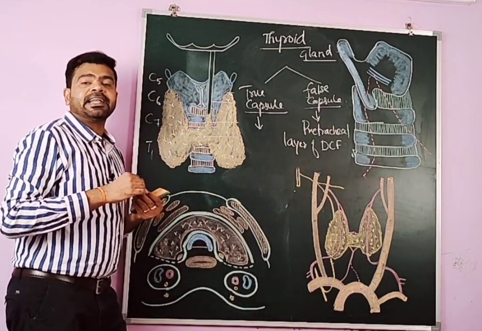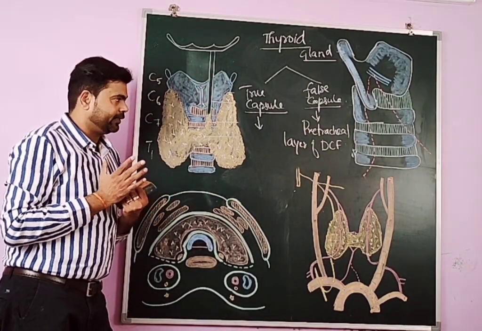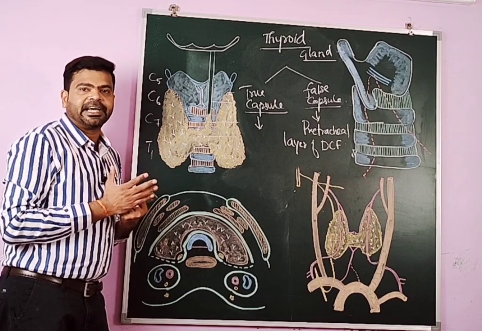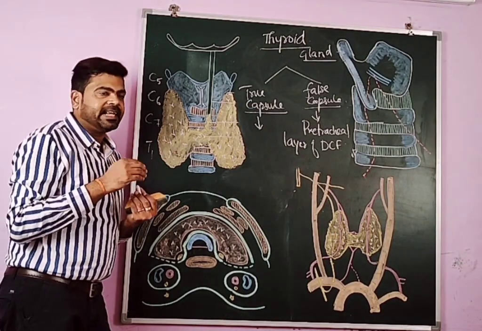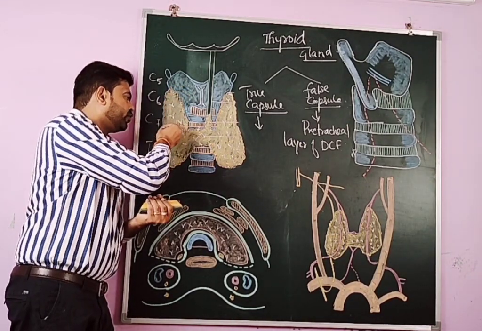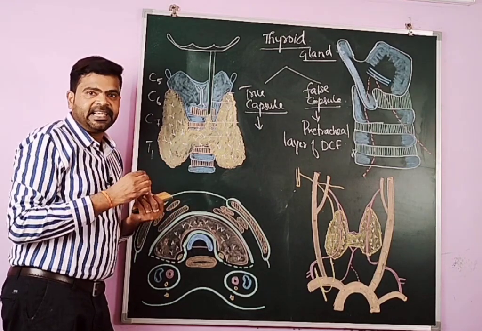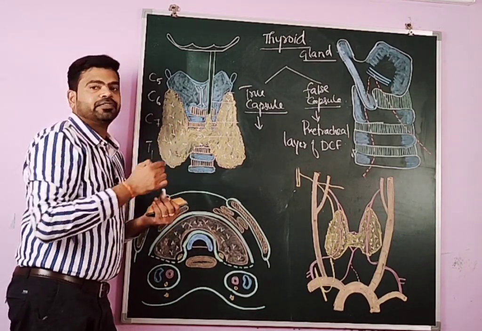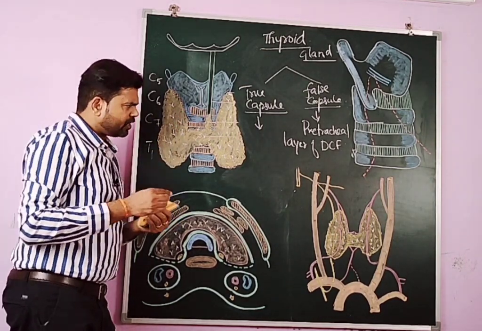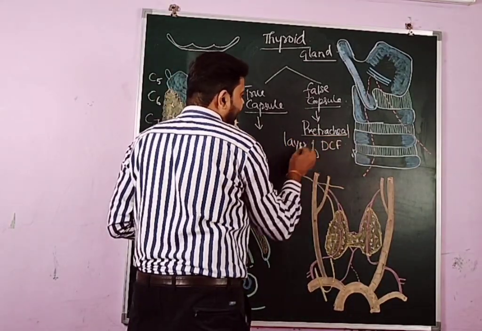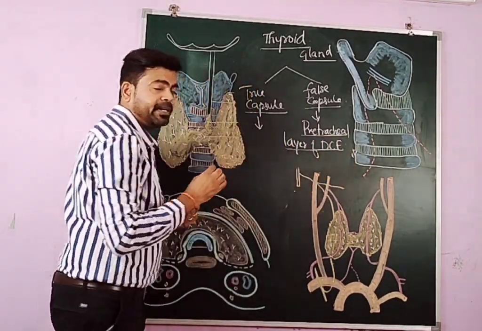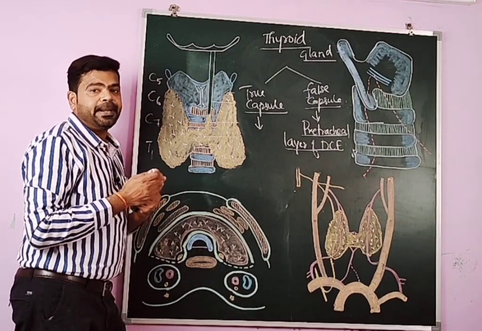If we see the attachment of the pretracheal deep cervical fascia on the thyroid gland, it will be very thin along the posterior border of the thyroid gland and thick on the medial surface.